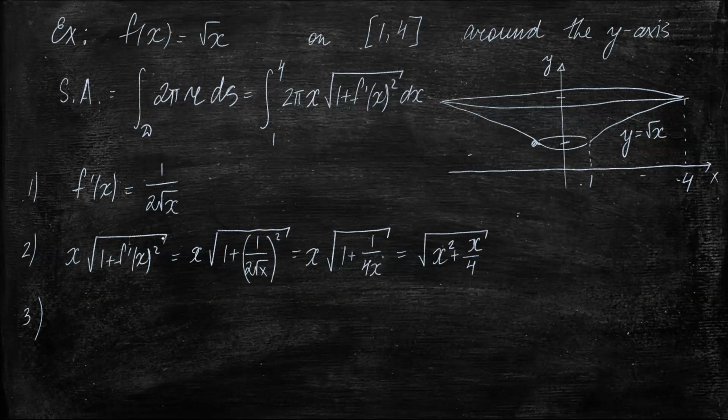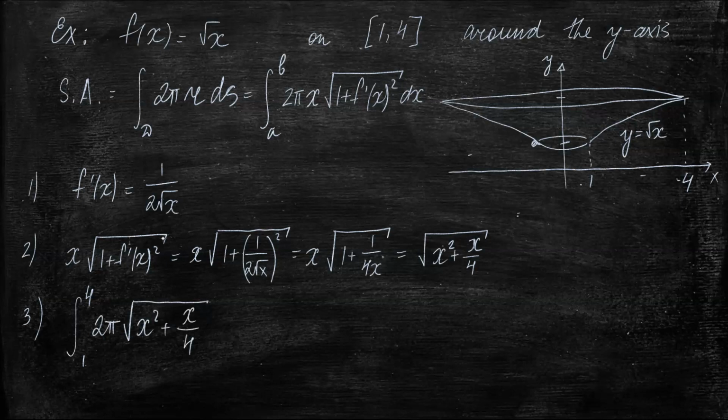So it comes in as a square. Let's set up an integral. So here we still have a and b, but here we're going to plug in 1 and 4, and we still have 2 pi, and it's going to be this.